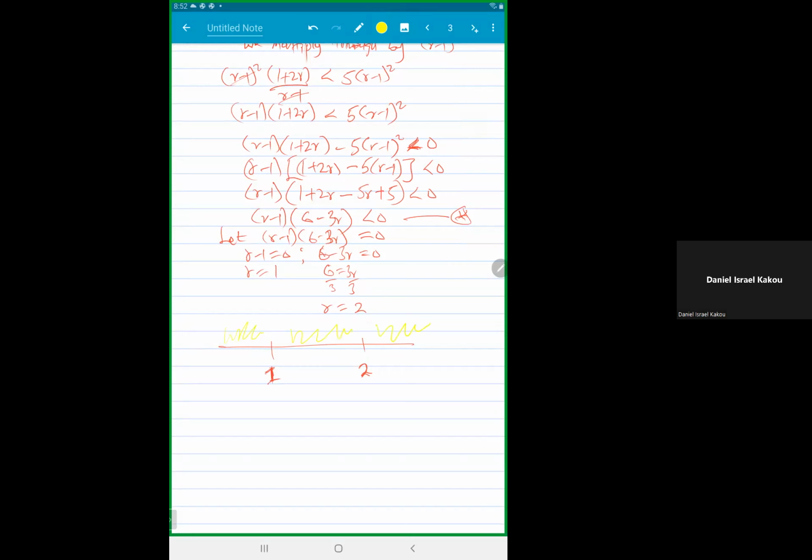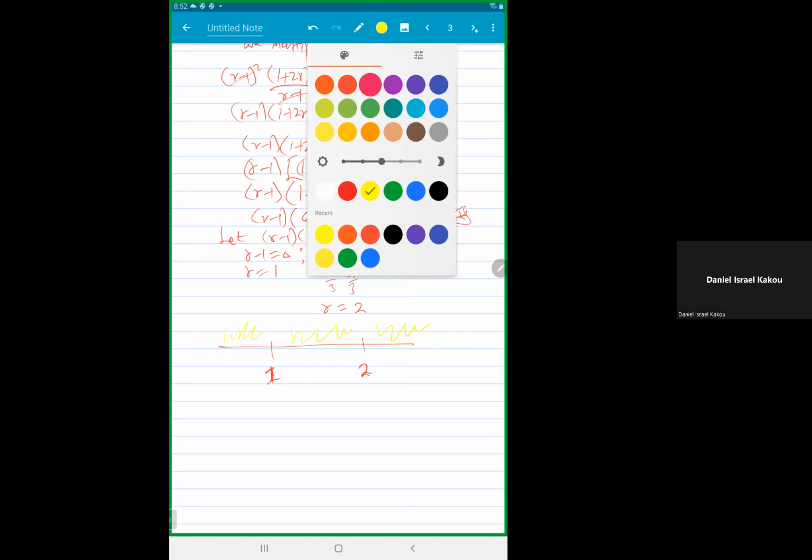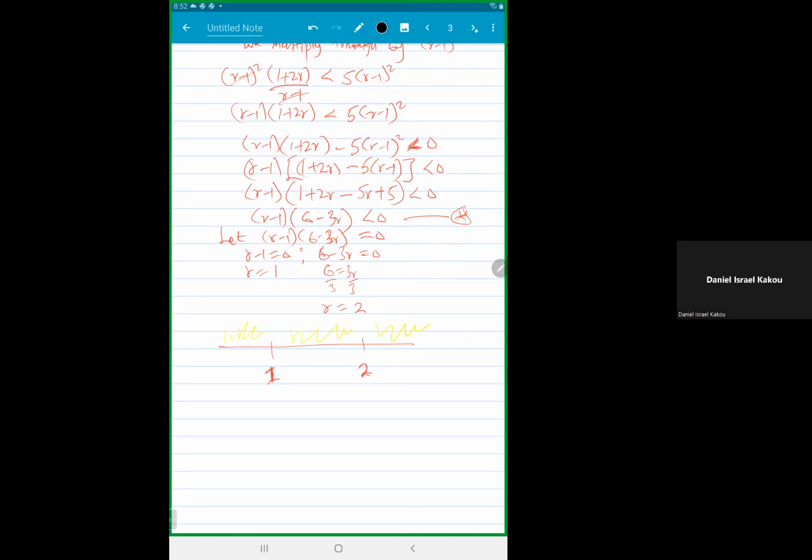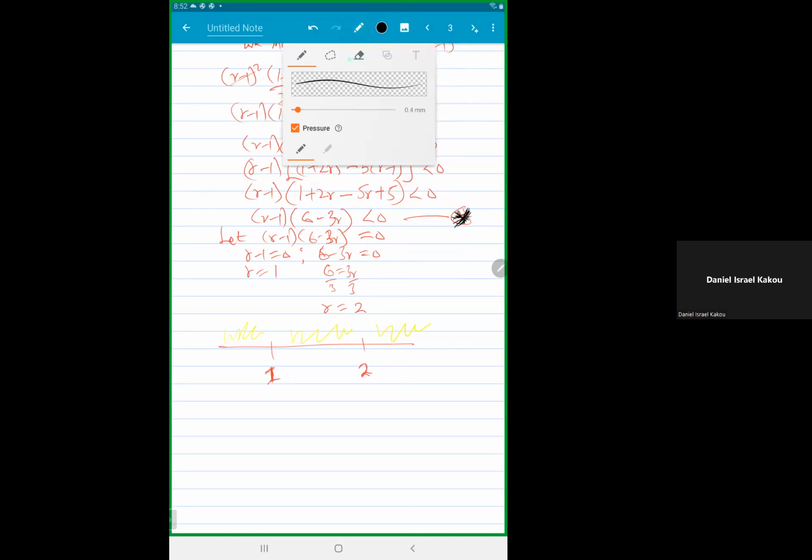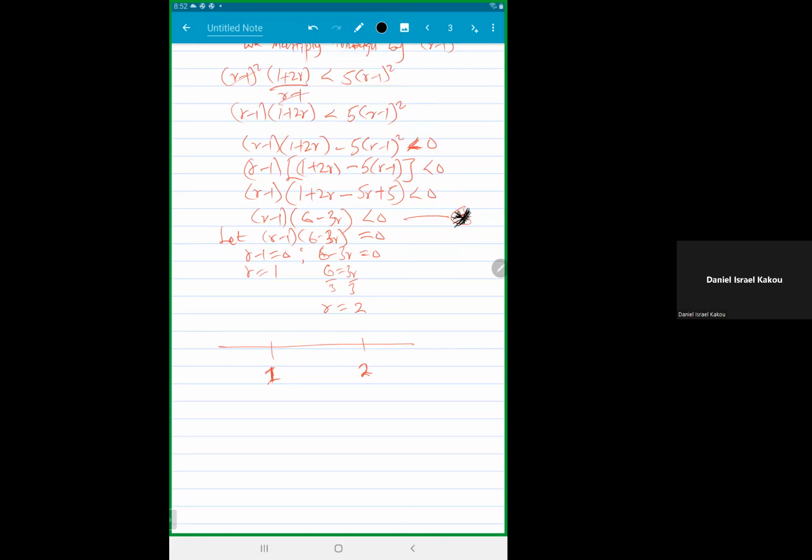We get to know that by trying to maybe test the values between this region in our final inequality we had before converting it into an equation. The inequality I've called star, right? So the inequality I just called star is this one. Is what will help us find our true answers for r.